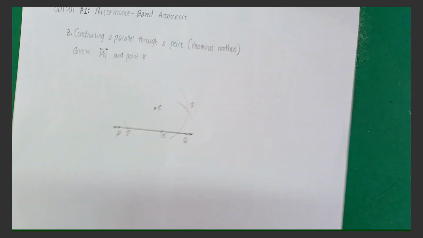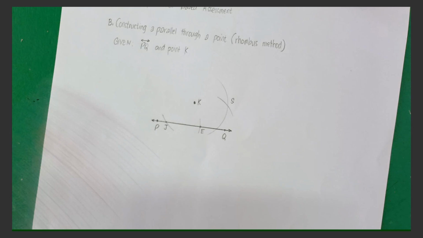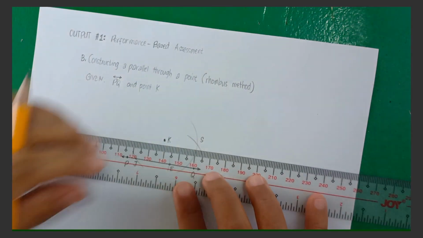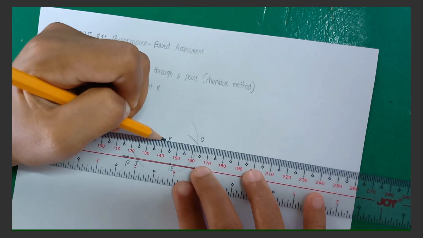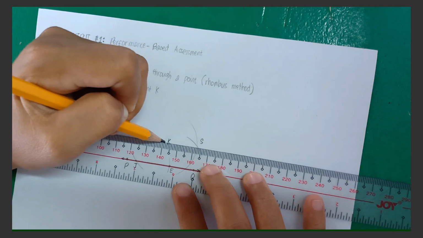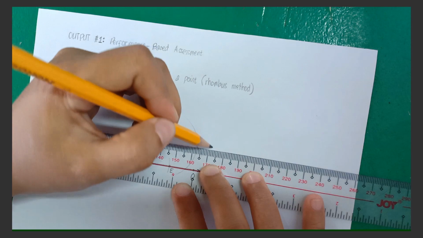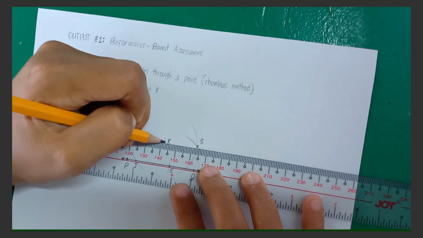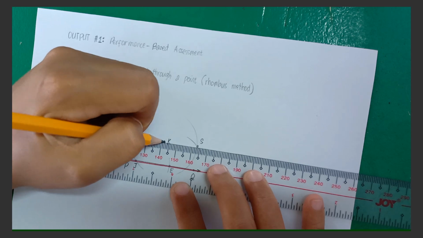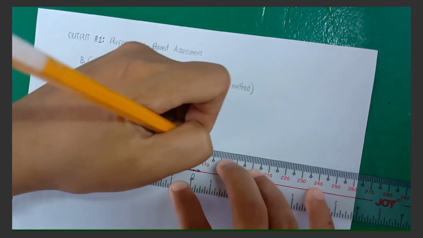Let's use our straight edge to draw a straight line through points K and S. So this is point S here, and our line goes like this.